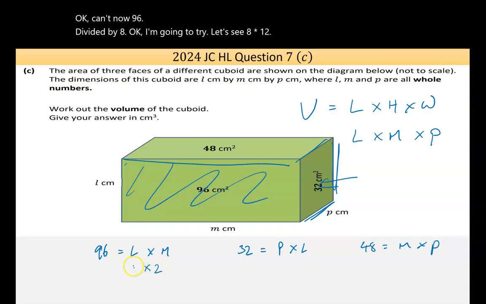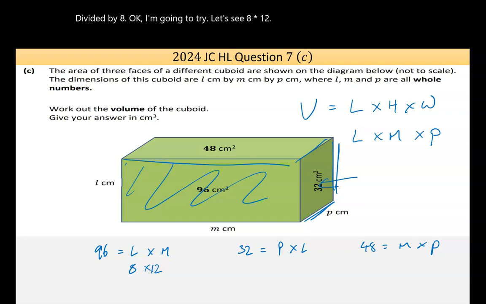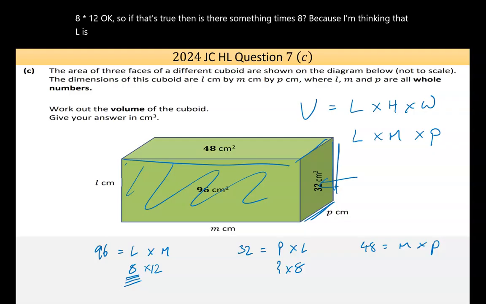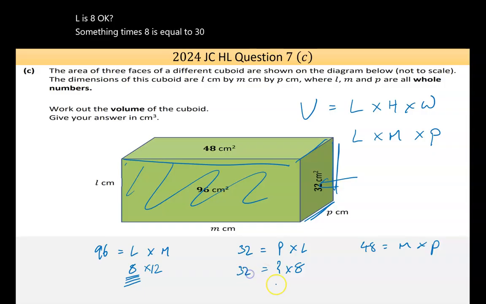I'm going to try 8 times 12. If that's true, then is there something times 8? Because I'm thinking that L is 8. Is something times 8 equal to 32? Well, 32 is equal to 4 times 8. So P is equal to 4. I'm going to write that up here for myself.